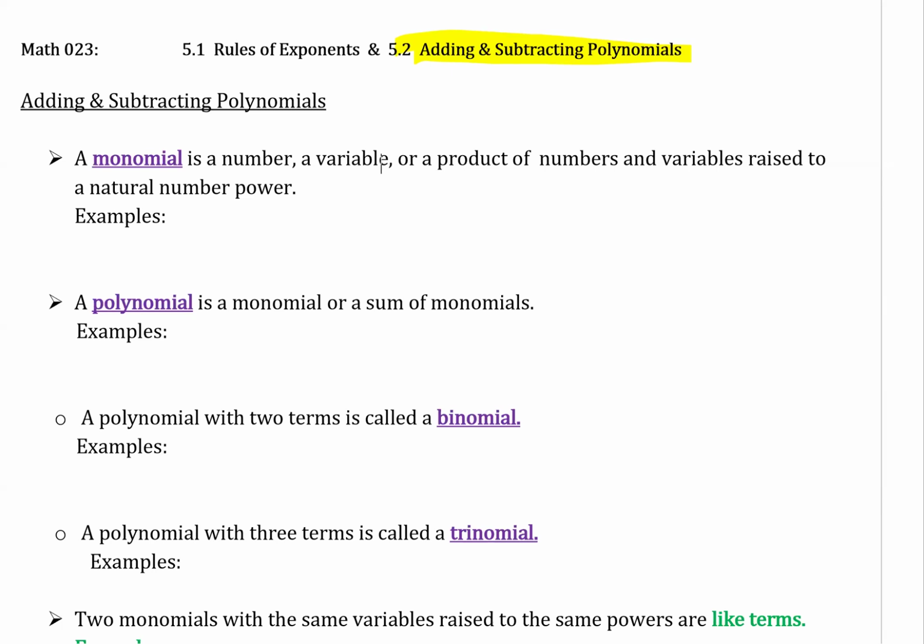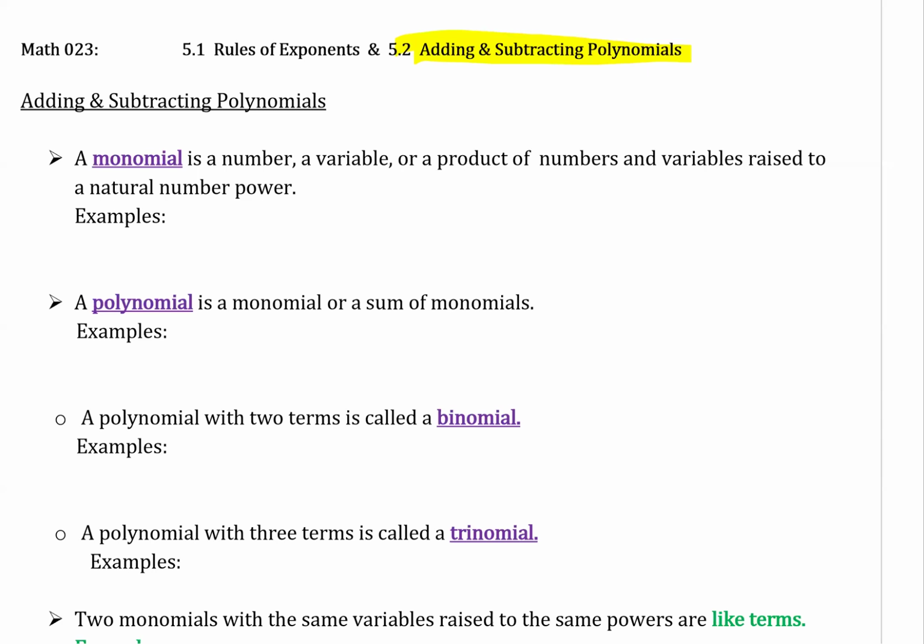Well, we need to know what natural numbers are. Natural numbers do not include negatives or zeros. Natural numbers are 1, 2, 3, 4, 5. An example of natural numbers.